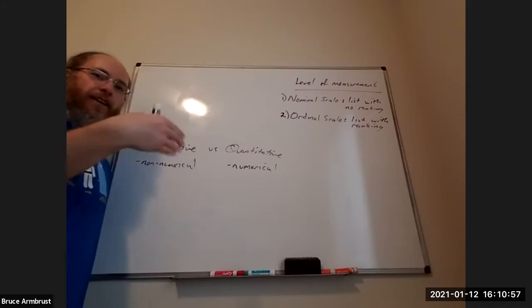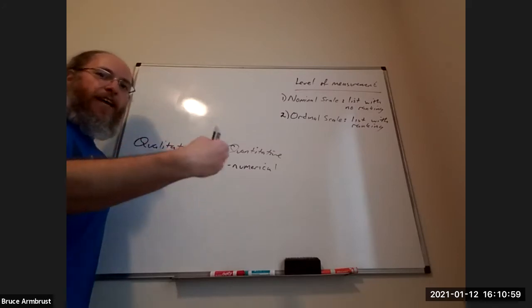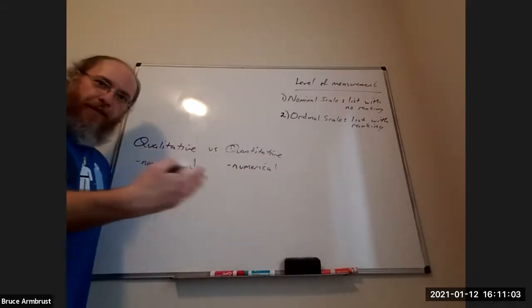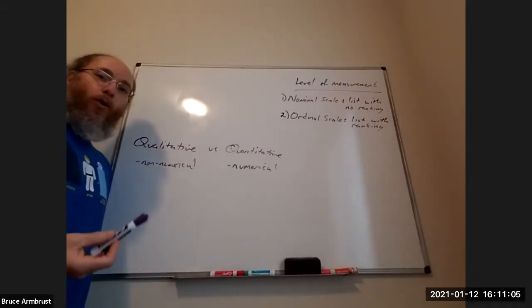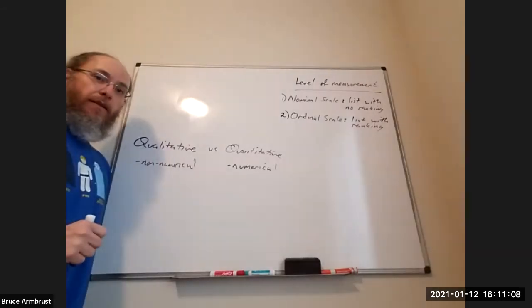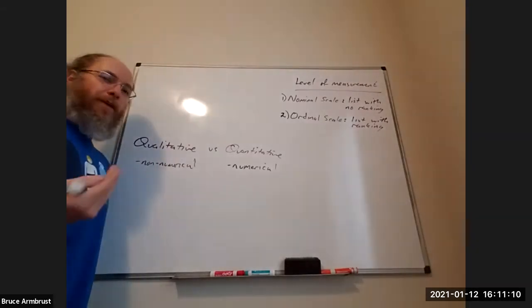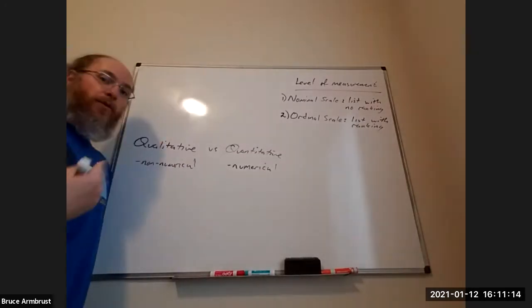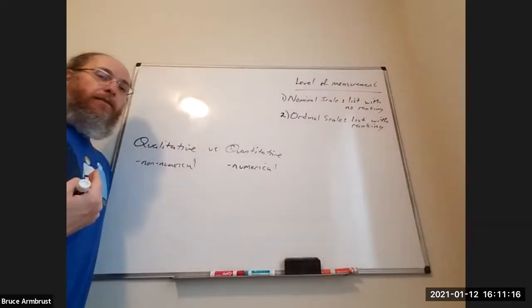And you'll get things like excellent, good, average, fair, poor, right? You know how you can get those. That's an example of an ordinal scale. It doesn't have to necessarily be numerical. It can still be qualitative, as long as there's some sort of a ranking.